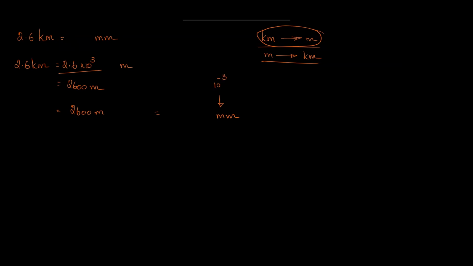So when I divide on this side, I would get 10 to the power of minus 3, so that would go up. So I would get 2,600 times 10 to the power of 3 as millimeters, because 10 to the power of minus 3 is milli. So 2.6 kilometers is 2.6 times 10 to the power of 6 millimeters.